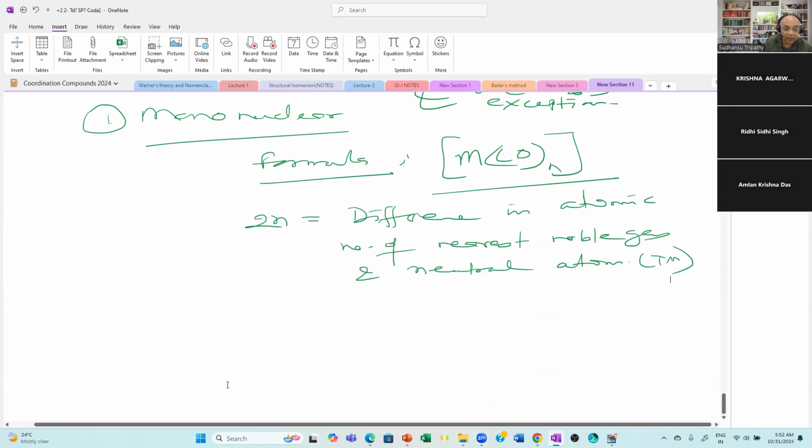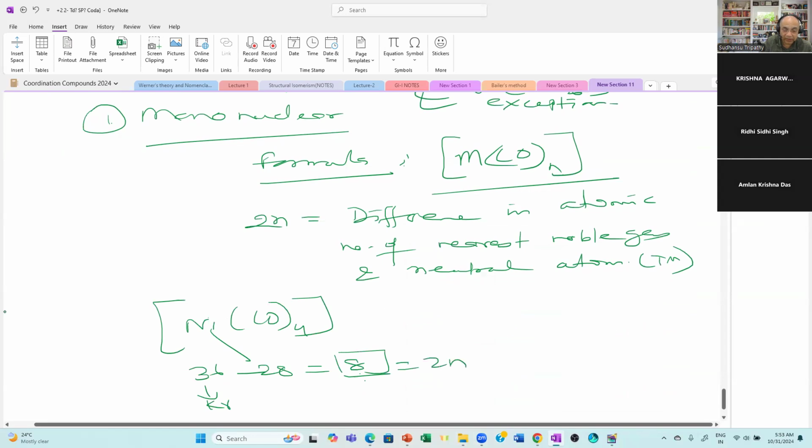So nickel can form tetracarbonyl. Nickel is 28 and the nearest inert gas is krypton, which is 36, so the difference is 8, and if that is equal to 2n, then n is equal to 4. So it has to be 4.